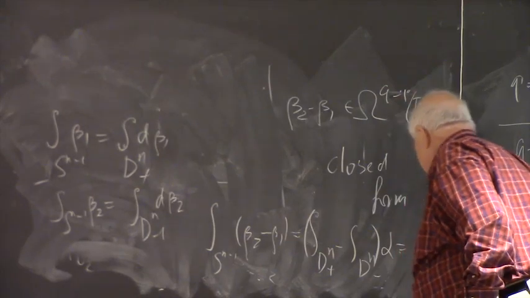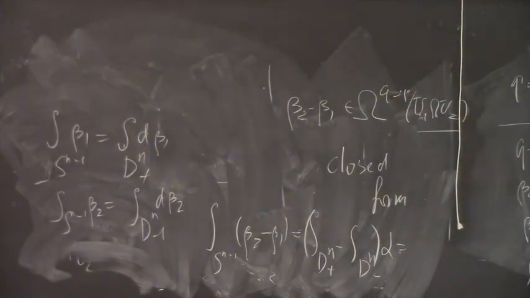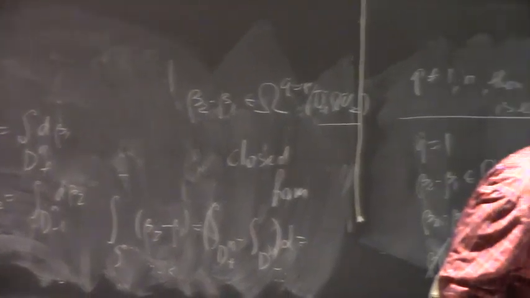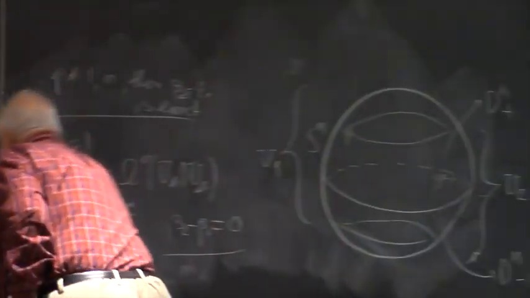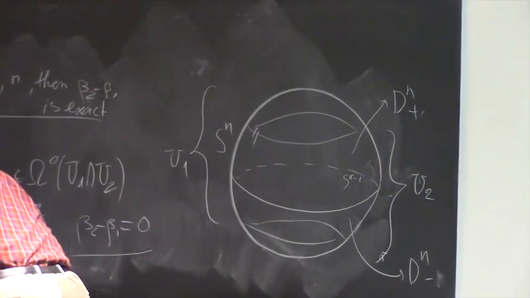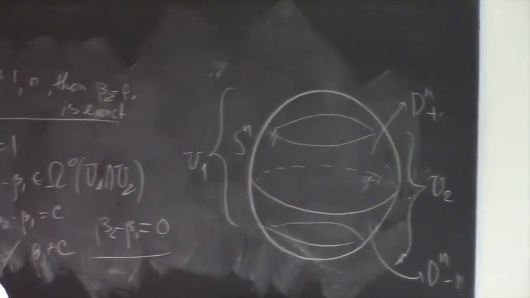And this integral of alpha over the upper hemisphere minus the lower here is the same as the integral over the whole sphere, because on the sphere D n plus appears with the same orientation as in this picture, and on the lower sphere it has the opposite orientation. So this is precisely the integral over S n of alpha, which is 0.